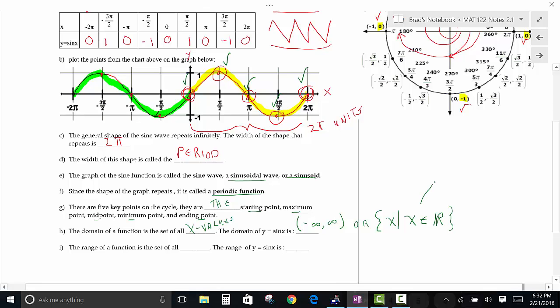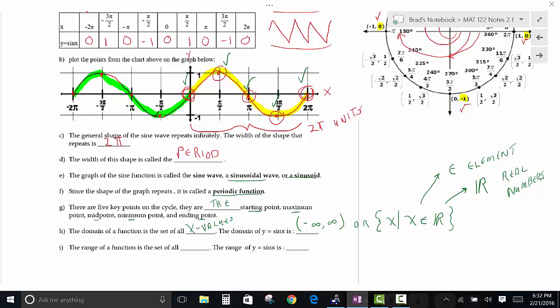If you're not familiar with this, the E is the Greek letter epsilon, and it really just says it's an element, or a member, of the set of real numbers. When you see this funky looking R, that's the symbol mathematicians use for real numbers. Real numbers are any number that is on a number line: decimals, fractions, whole numbers, integers, everything. Okay? It just excludes imaginary numbers.